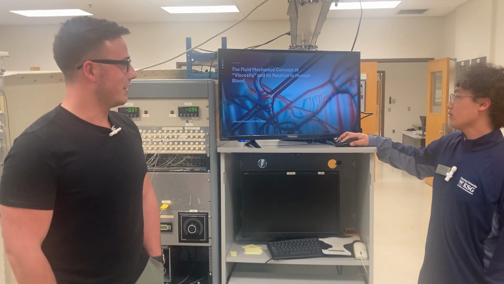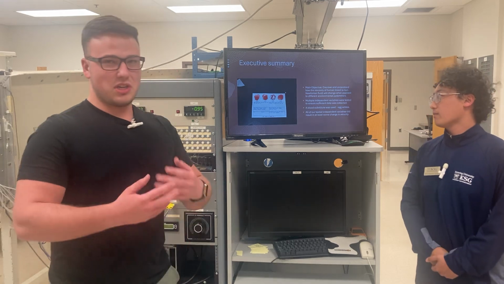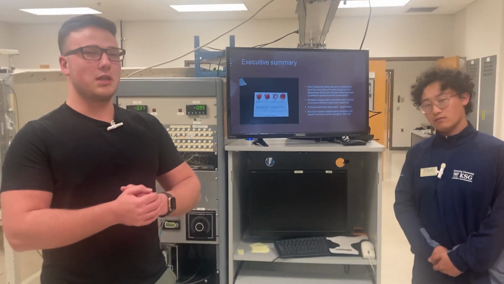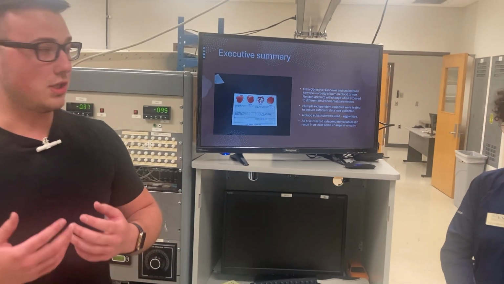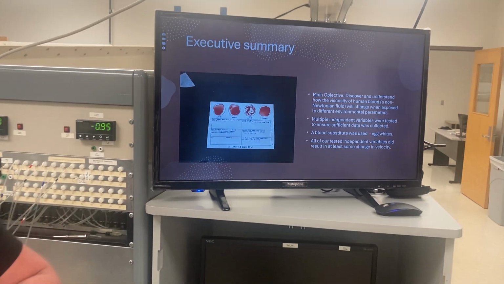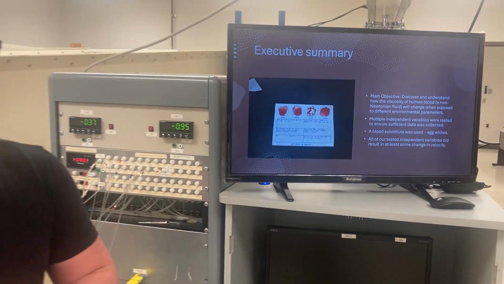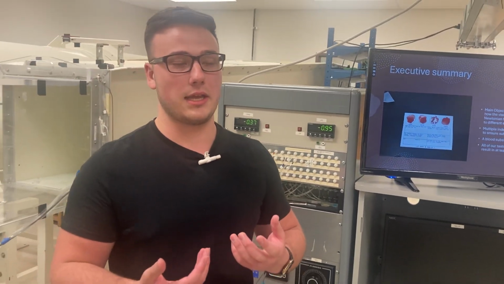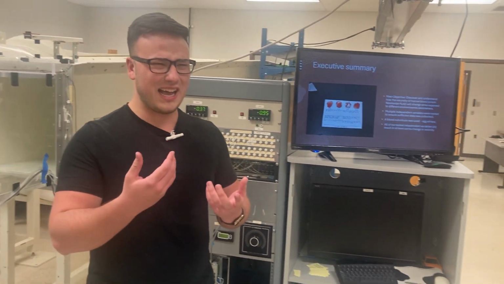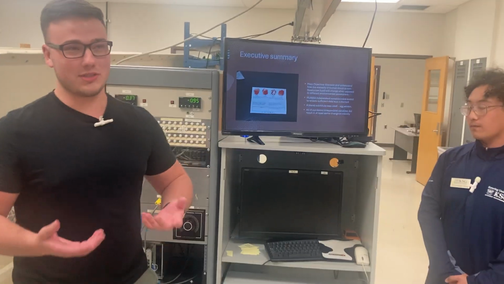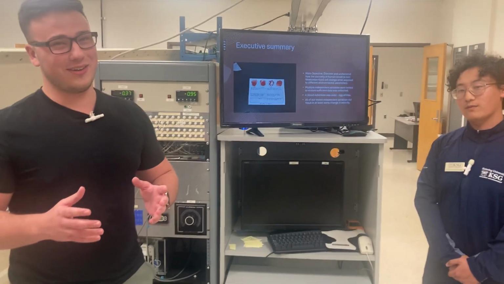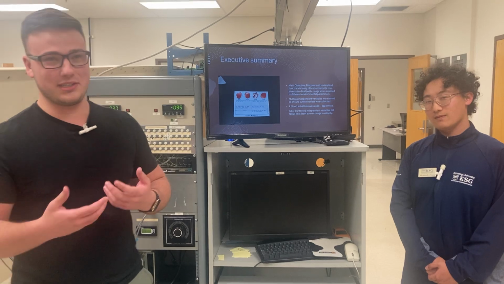All right, let's get started. Just a quick project summary. Essentially, our goal with this project was simply to test how the viscosity of blood, a non-Newtonian fluid, would change. We wanted to see how feasible this project would be, because we have very limited resources at Kettering, so we tried to scope out the project.